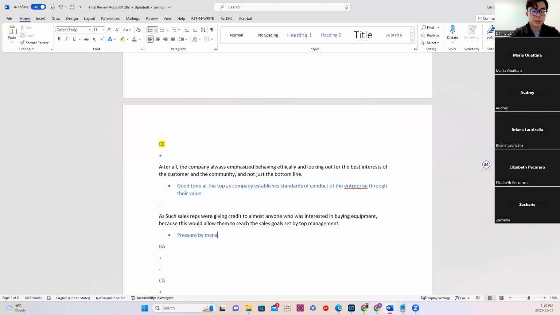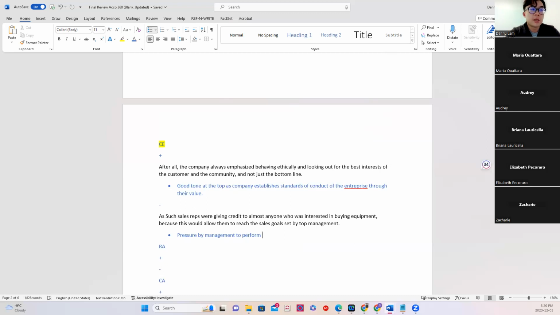Pressure by management to perform. When you have sales targets and incentives, how would you say it?